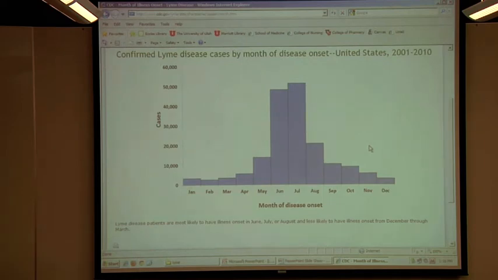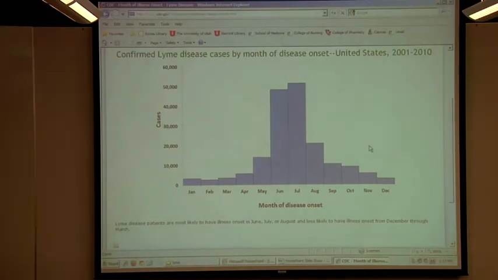And that actually mimics our testing volume. I said that we typically have a higher volume in the summertime. Sure enough, around April, actually probably around March or so, we start seeing an increase in our volume in Lyme testing. It does peak in June and July and then levels off a little bit in November. But we do Lyme testing year-round.